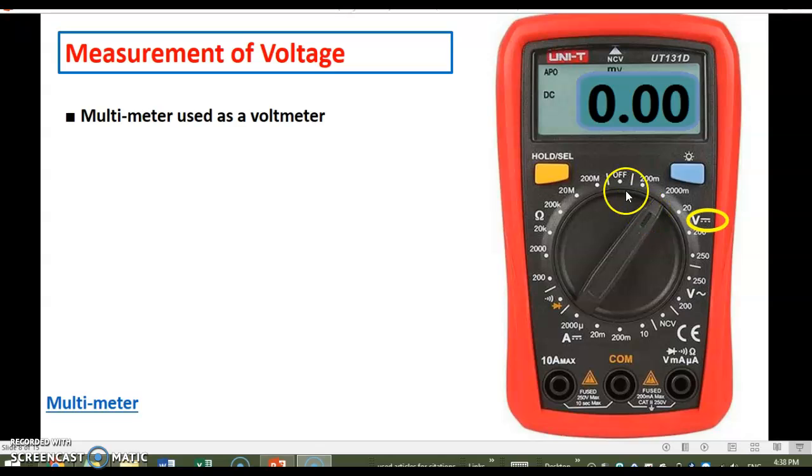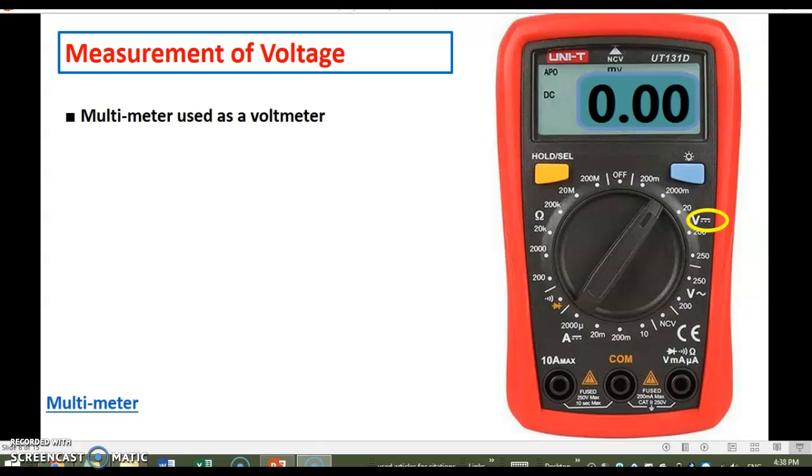Now if we adjust it within this range where the unit is V, as you can see here, we have V for direct voltage and V with this symbol for the alternating voltage. Anyway, if it is adjusted within this range, then it is used as a voltmeter.